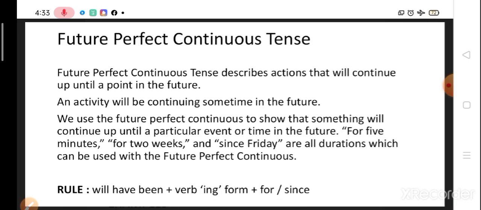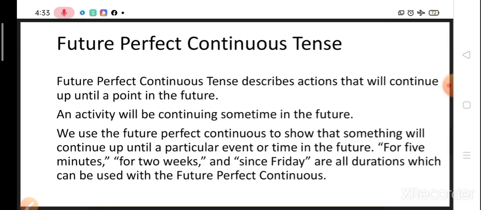Future perfect continuous tense. Now, future perfect continuous tense describes actions that will be continuing up until a point in the future. An activity will be continuing sometime in the future.